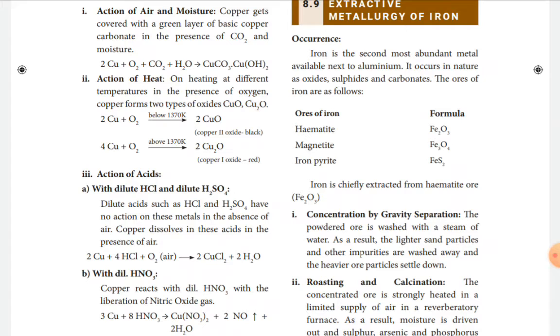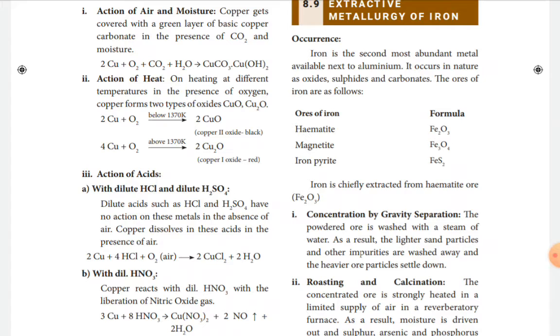So you have to understand simple reaction. A reddish brown metal is copper, and the reaction below 1370 Kelvin gives copper 2 oxide which is black in color, and above 1370 Kelvin which gives copper 1 oxide which is red in color. Then next question, and you can see what is the question here.